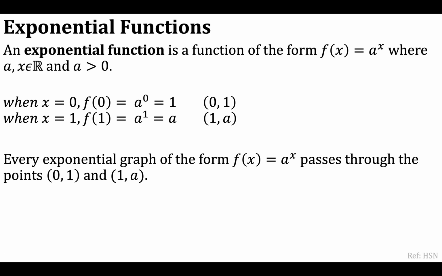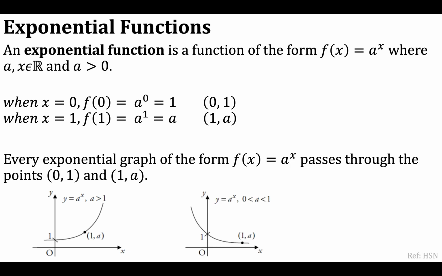So what do these look like then? So if a is greater than 1, we're going to have an exponential growth curve. So you can see it's going upwards from left to right. And if a lies between 0 and 1, we get an exponential decay curve. And you can see there that each graph passes through the point 0, 1 and 1, a.